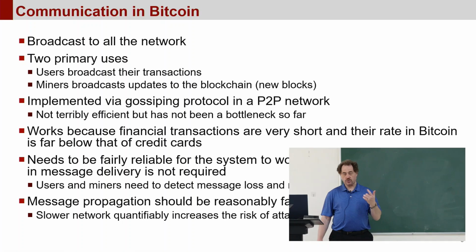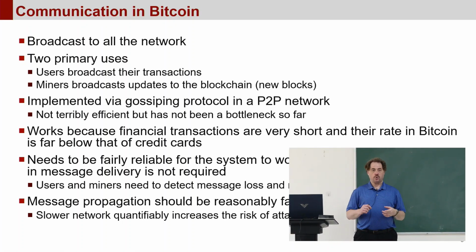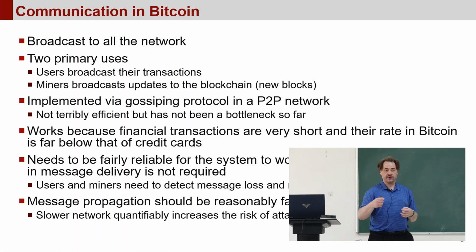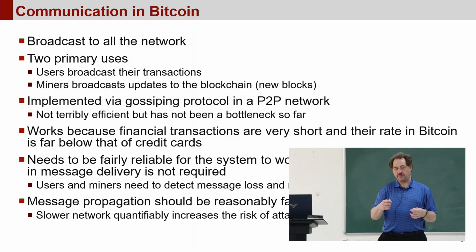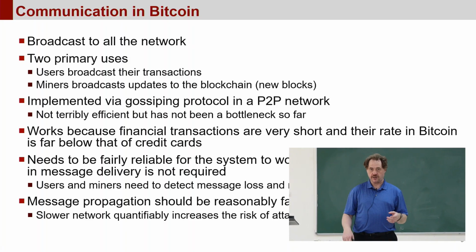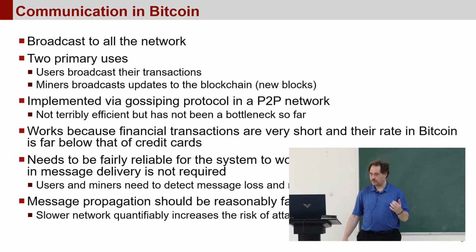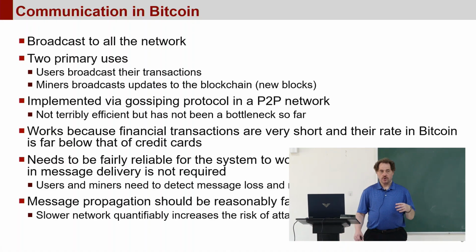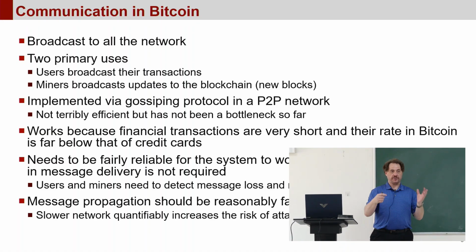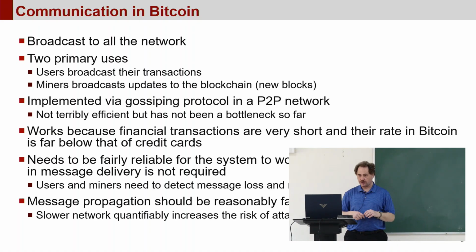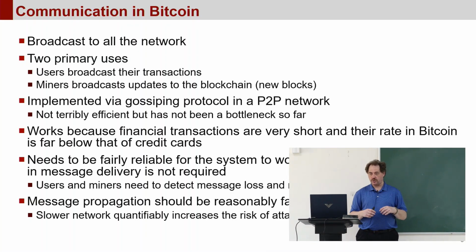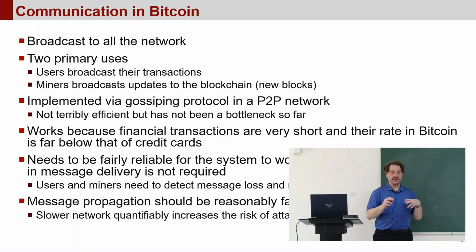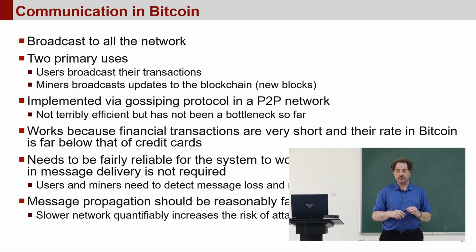New transactions, so clients who produce new transactions broadcast them to the entire network. And miners who manage to solve the crypto puzzle and who propose new blocks broadcast those blocks to update the blockchain. So in both cases, it's the same broadcast primitive which is used.